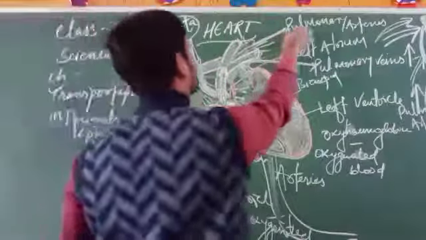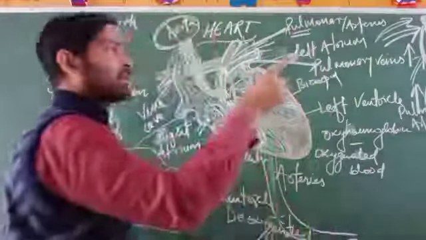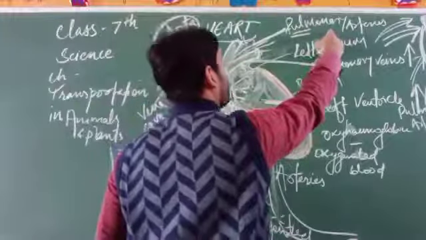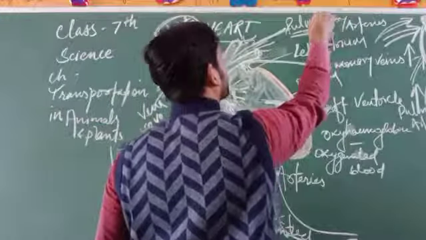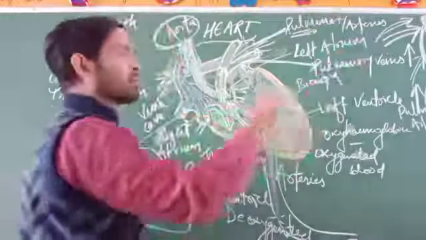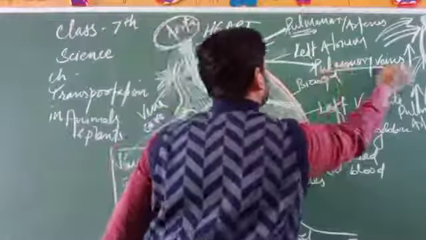From the pulmonary arteries, blood reaches the lungs, and from the lungs there are pulmonary veins.